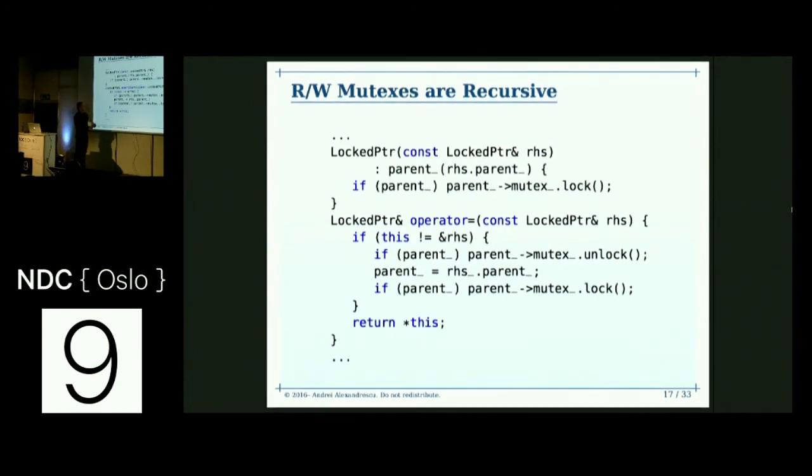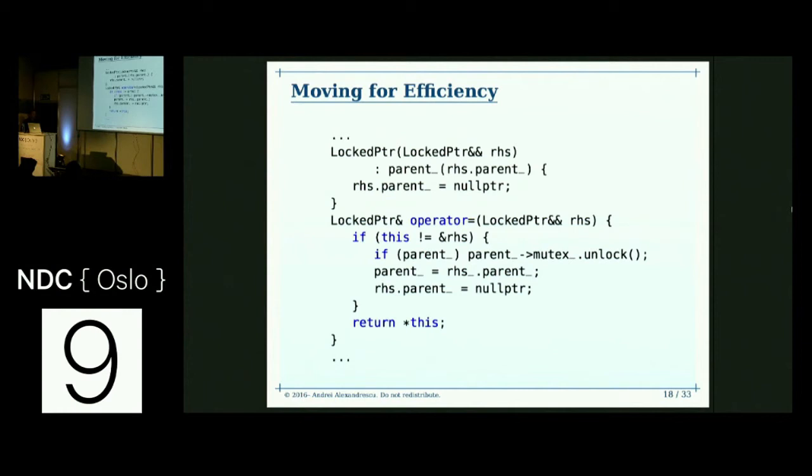When you assign a lock pointer to another, you just have to make sure there's no self-assignment, etc. This is just for optimization. You could actually acquire it twice. For efficiency, you also want to implement the move constructor, which takes an rvalue reference to the other lock pointer. And again, you make sure you don't self-move-assign, which would be very bad, but it's still legal.